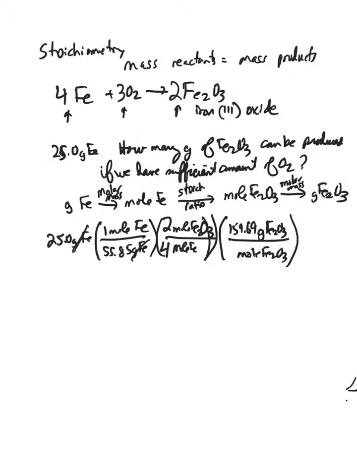So grams Fe divided by grams Fe, moles Fe divided by moles Fe, moles Fe2O3 divided by moles Fe2O3, and that would give me grams of Fe2O3.